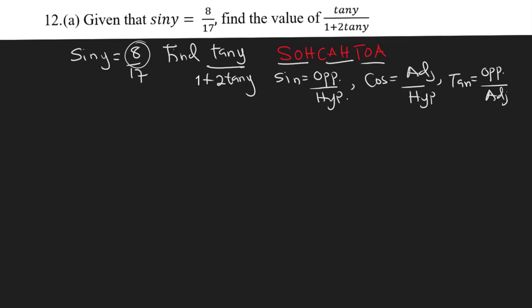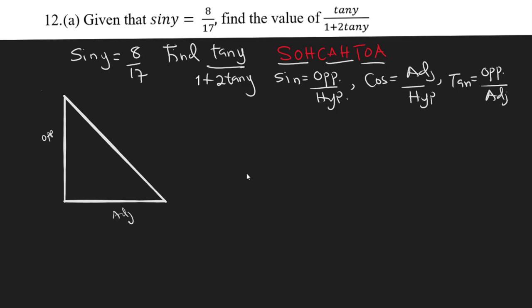In this case, we're going to draw a right angle triangle, because this deals with a right angle triangle. Of course, we're going to have something like this. We already know that the longest side is the hypotenuse, and this is our opposite. This will be the adjacent. This is the hypotenuse. Then we always have a right angle here.